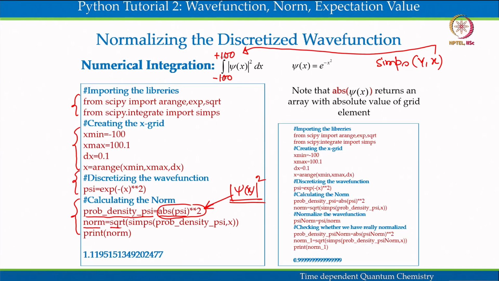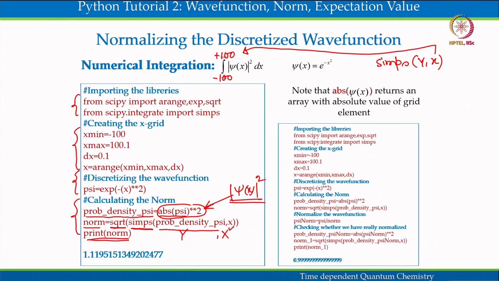Norm is going to be the square root of the integration of this probability density versus x. So this is my y array, this is my x array. I first integrate it, and after the integration I take the square root of that value, and then we are going to print the norm. We will just double check what norm we are getting.